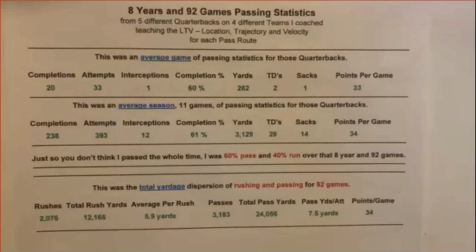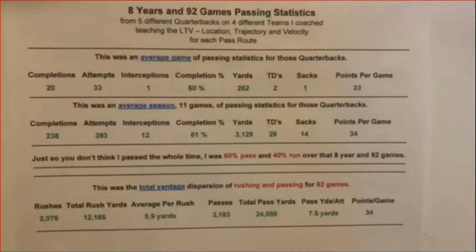In an average season, those 5 quarterbacks averaged 238 completions, 393 attempts, 12 interceptions, 61% completions, 3,129 yards, 29 touchdowns, 14 sacks, and 34 points per game. So you'll see that's been very productive.